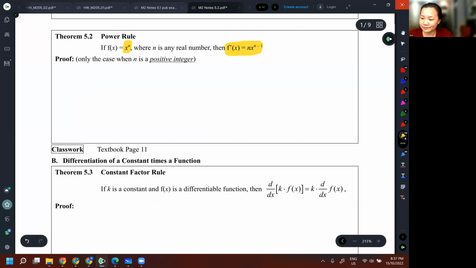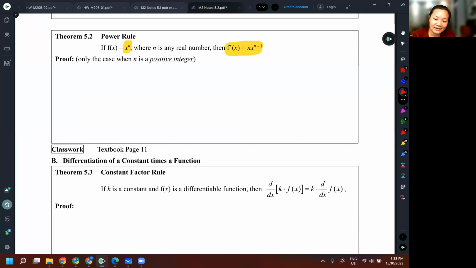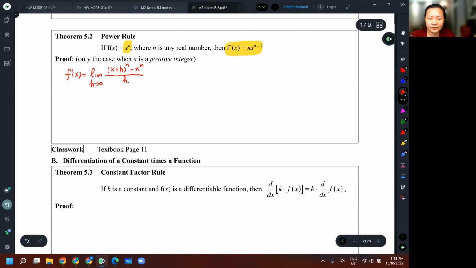Look at the proof. You need to write this down. I know you're not used to it, but that's how you learn math. The derivative function through the first principle is equal to (x plus h)^n minus x^n, divided by h.